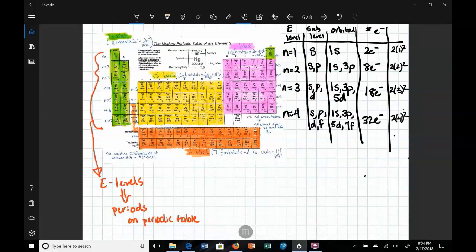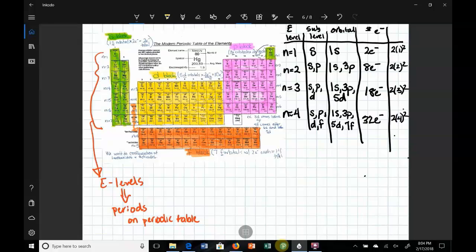So let's take a look at our periodic table. Notice here that on our first energy level, we've got 2 atoms. Notice that hydrogen is number 1. It's got 1 electron. Helium is number 2. It's got 2 electrons.